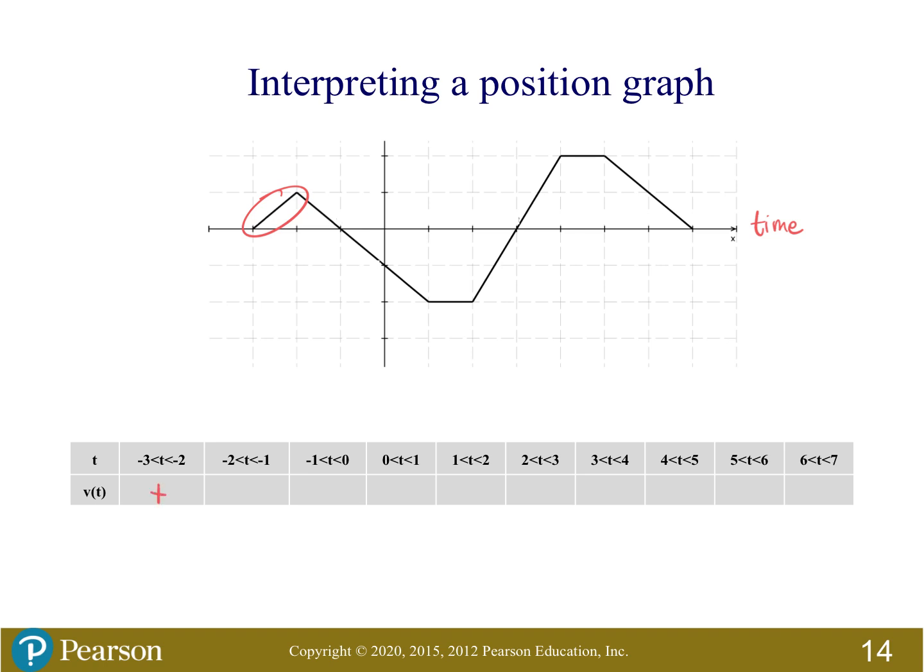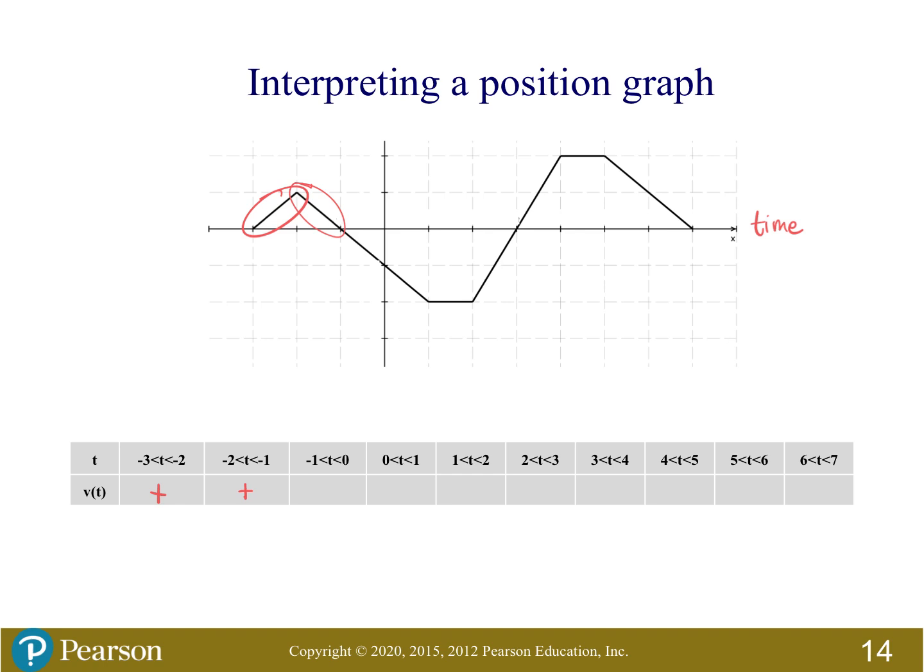I don't need to know exactly what decimal values those are. I just need to know that it is largely positive, okay? The next section going from -2 to 3 is still above the x-axis, and so it has positive position. So we're just talking about, is it above or below the x-axis?